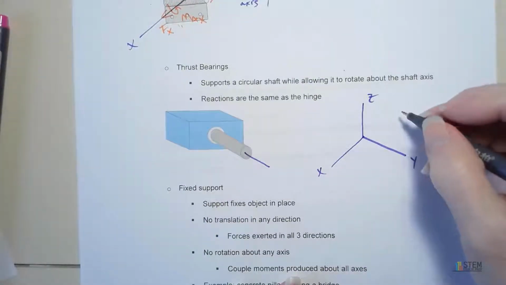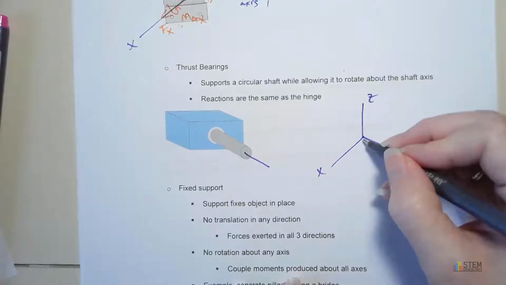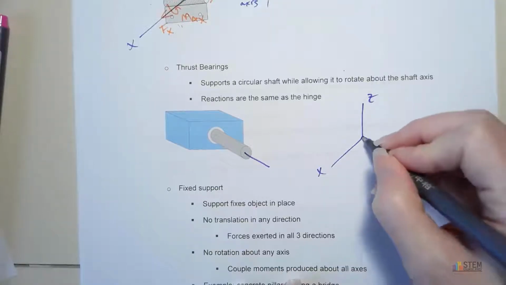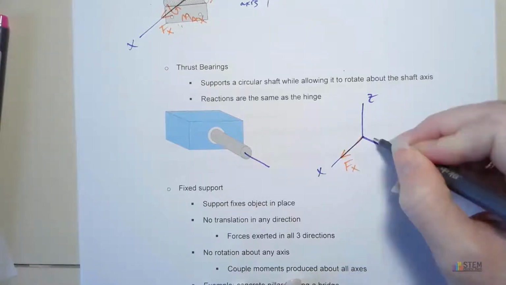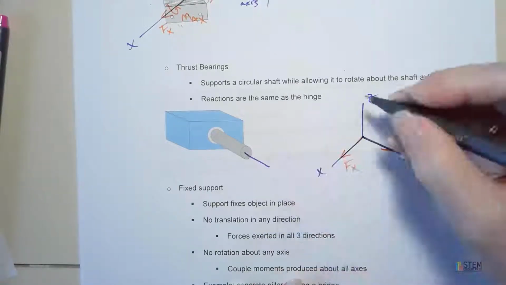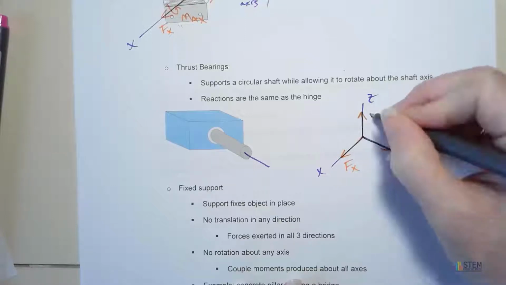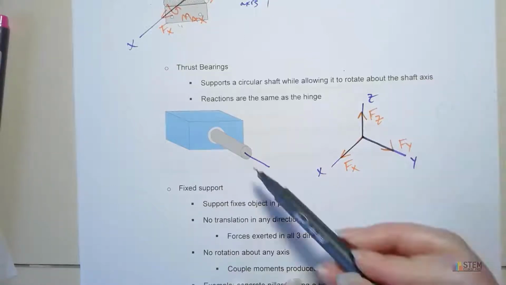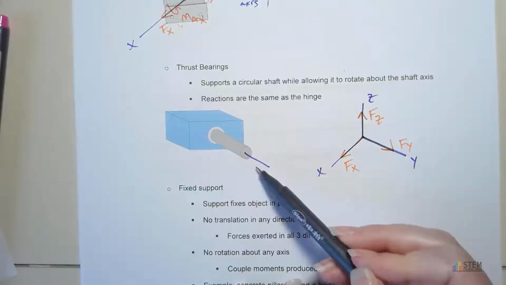then what we get is we get our three forces. Those are going to prevent the translation. So it's going to keep this shaft in place so that it doesn't get displaced. And we only want rotation about this one axis.